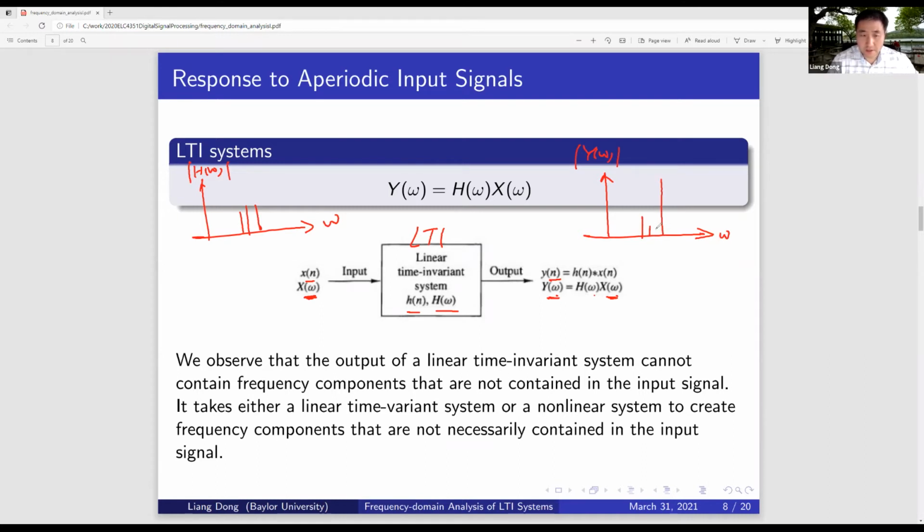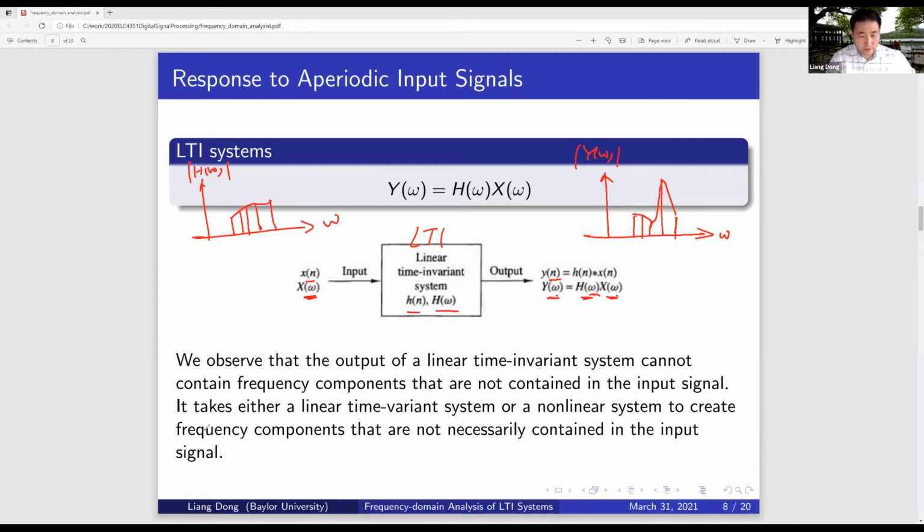However, those three frequencies can have different amplitudes because they will be multiplied by this H(omega). Now, if my input signal is continuous, let's say from here to here, the output is also from here to here, but it can be of any other shape. How this shape is formed is because I multiply by this capital H(omega).